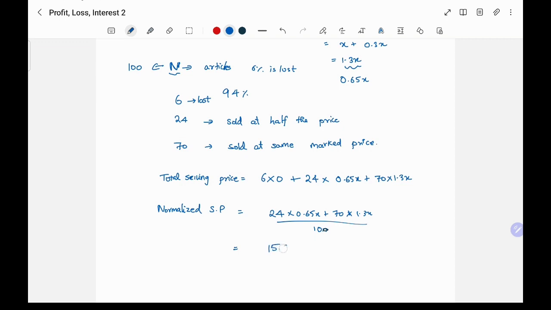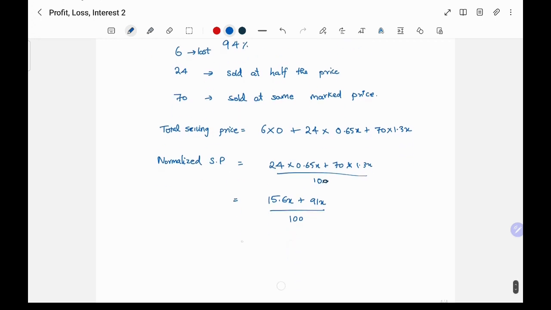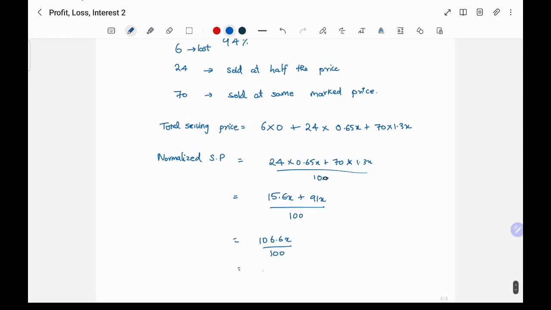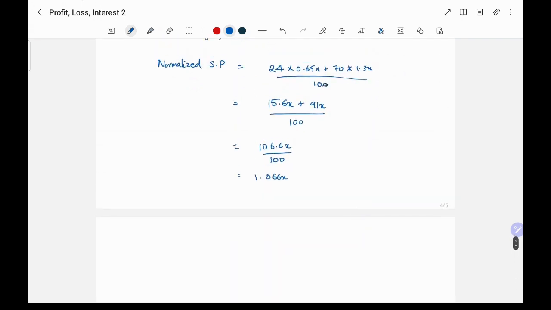This is 15.6x plus 91x divided by 100. Adding this, we'll get 106.6x by 100, which is nothing but 1.066x. So this is the normalized selling price, and the cost price itself is x.